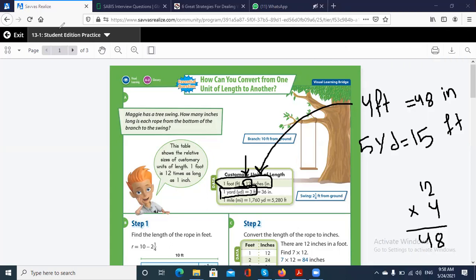Okay, let's do that again. Now, in the exam, Sally, I will give you the table, okay? In this table, I will tell you that 1 foot equals 12 inches, and that 1 yard equals 3 feet.